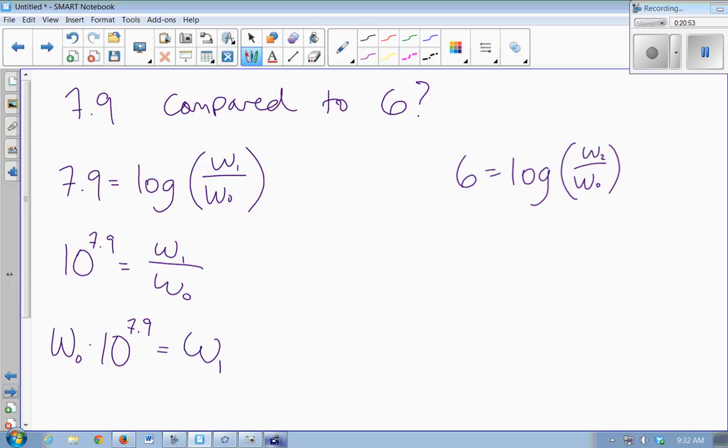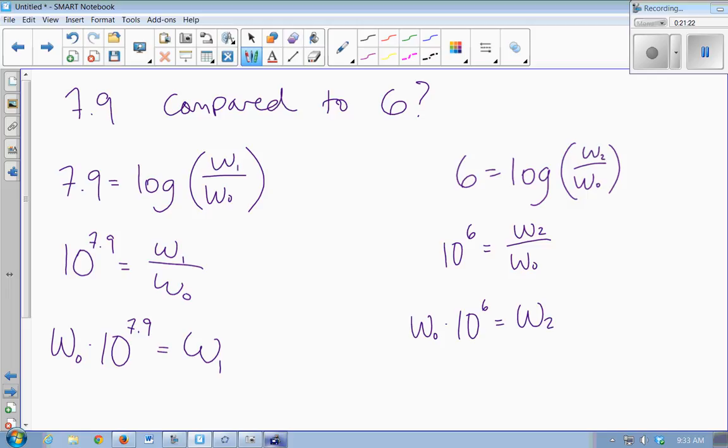That's the strength of the seismic waves of earthquake 1 for a 7.9 Richter scale. Earthquake 2, solve this one for W2. So I have 10 to the 6th power is W2 over W0, and then just multiply W0 to both sides. So the seismic waves of earthquake 2 is W0 times 10 to the 6th.